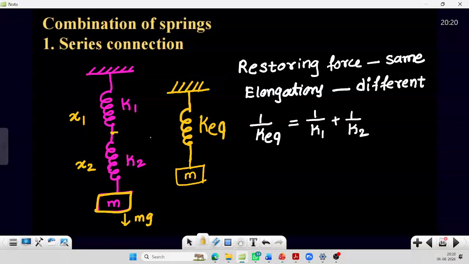Now this connection is identical to this thing, we can say.